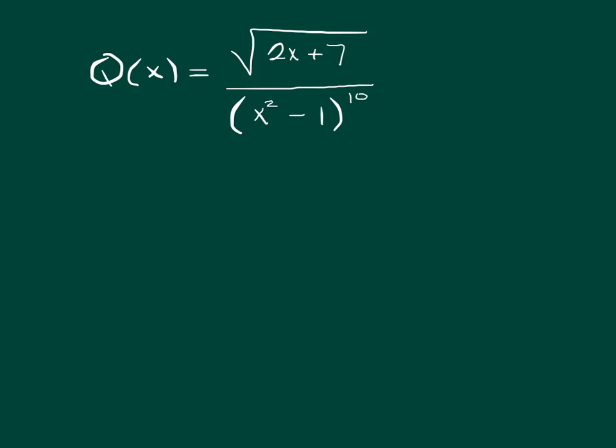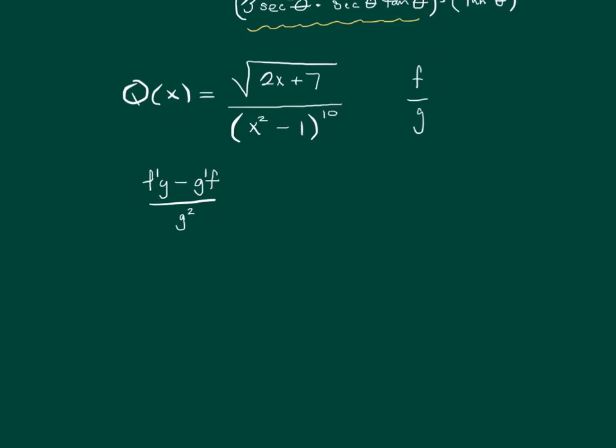Okay, again, this is obviously a quotient, but the individual functions themselves will require the chain rule. Alright, recipe for the quotient. So this is our f and our g. And our recipe for the quotient we've been using is f prime g minus g prime f over g squared. That's what you've been using, right?